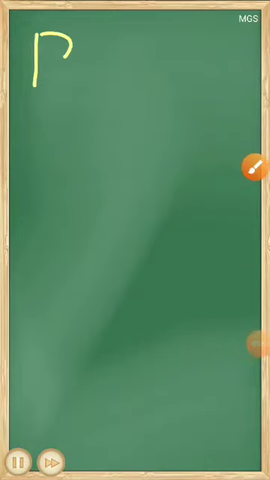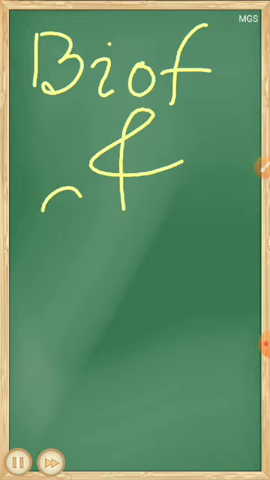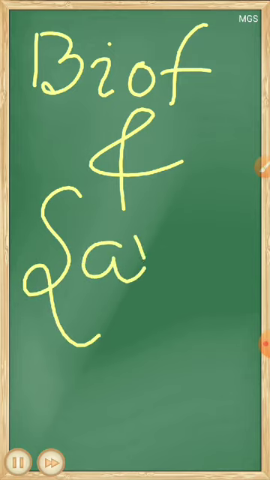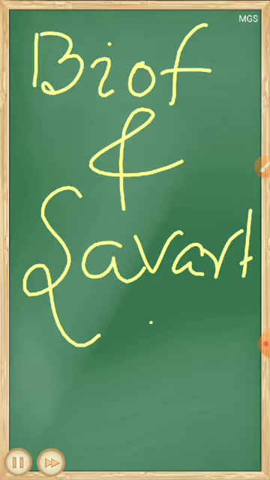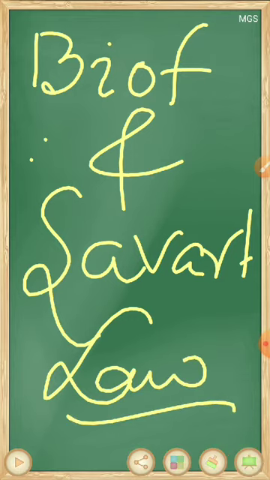Good morning, students. In this video lesson, we will discuss Biot and Savart law and its application. As in electrostatics, Coulomb's law may be used to find out the electric field at a point due to charge distribution.